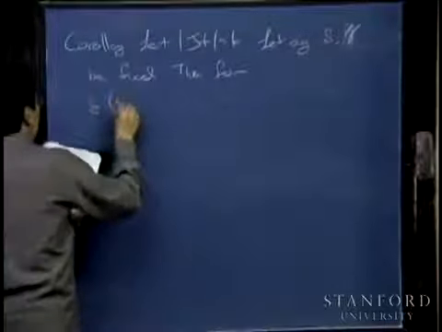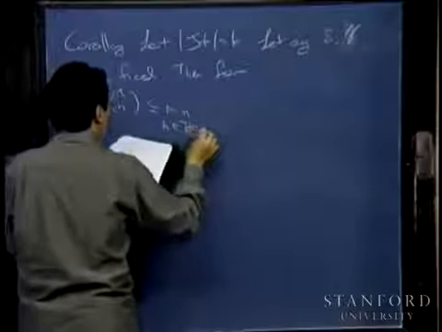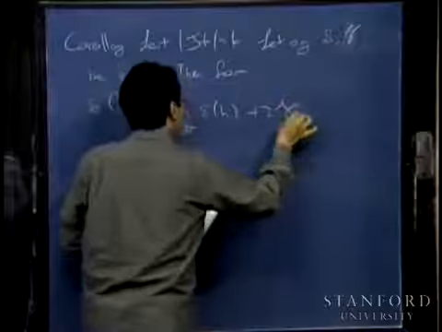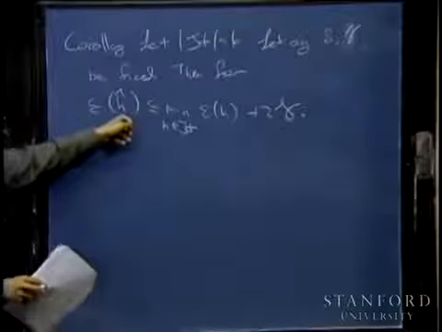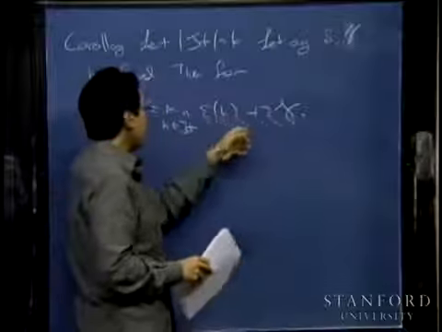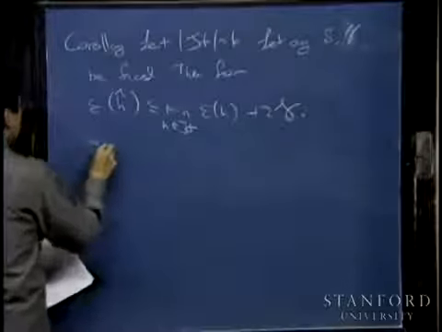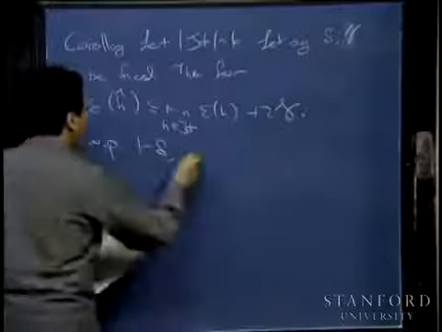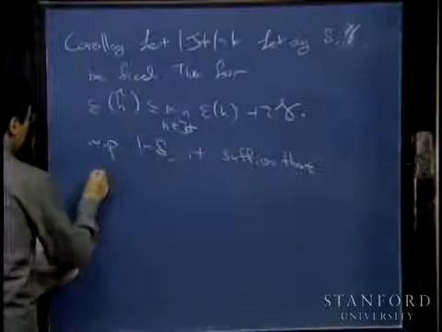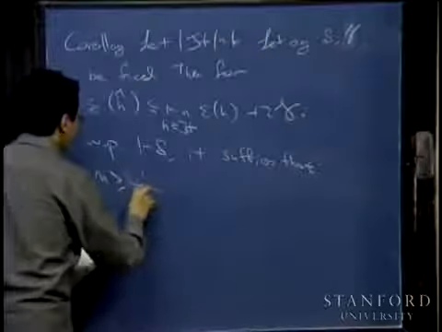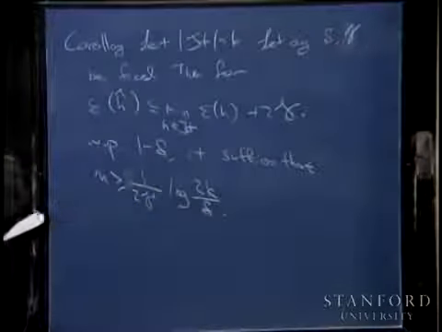Then, in order to guarantee that the generalization error of the hypothesis I choose with empirical risk minimization is at most 2 times gamma worse than the best possible error that I can attain with this hypothesis class, and let's say I want this to hold true with probability at least 1 minus delta, then it suffices that m is greater than or equal to that. This is solving for the error bound for m.